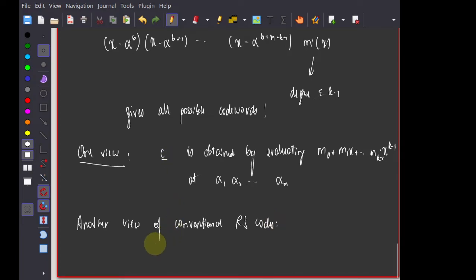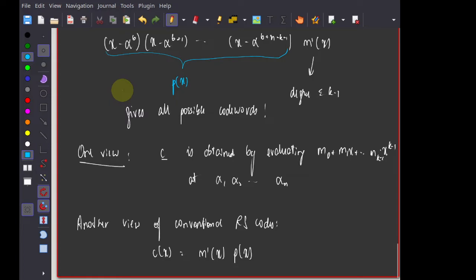You can view the code word itself as a polynomial, and that is equal to some message polynomial times some other polynomial p of x, where p of x is exactly equal to this. So this is another characterization of conventional Reed-Solomon code.